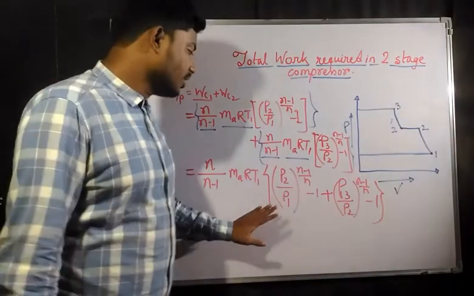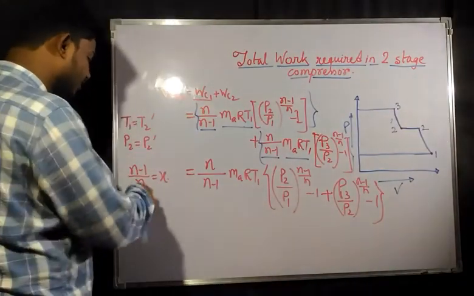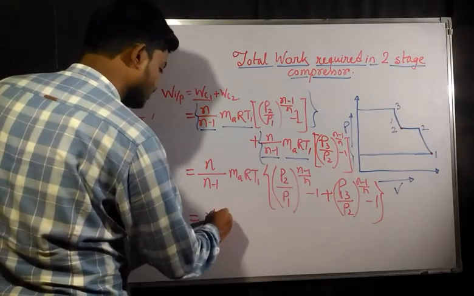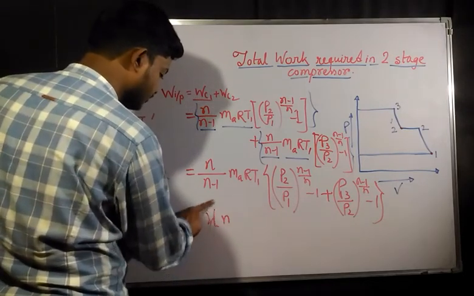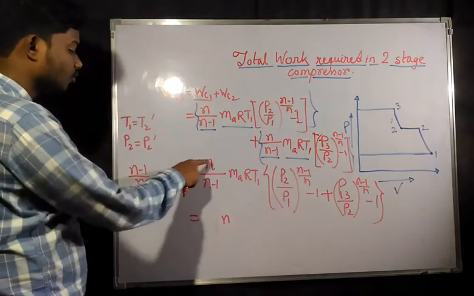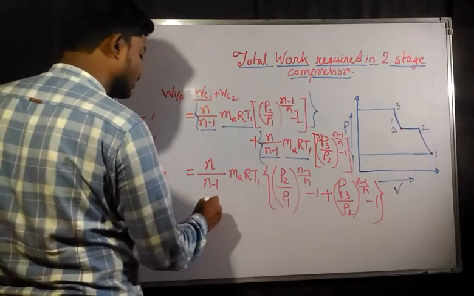Up to now, after finding x, the final equation: n minus 1 by n is equal to x, so n by n minus 1 is 1 by x.